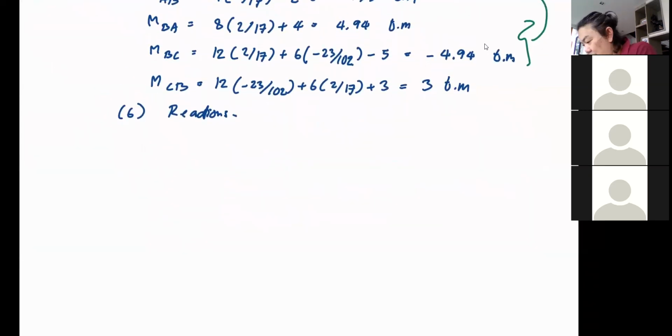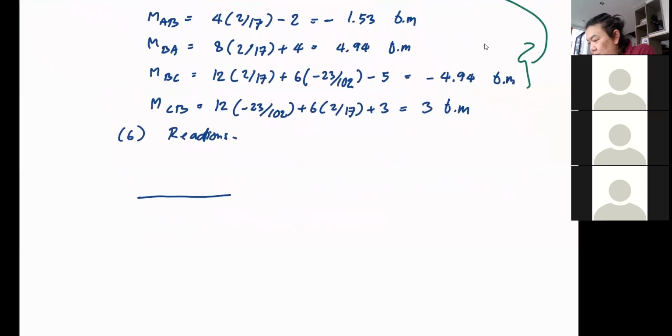Now we just have to have this. Be careful of the sign convention: -1.53, so that's counterclockwise. 4.94 positive, so it's clockwise. And you also have the load, 9 tons. That's your free body diagram.